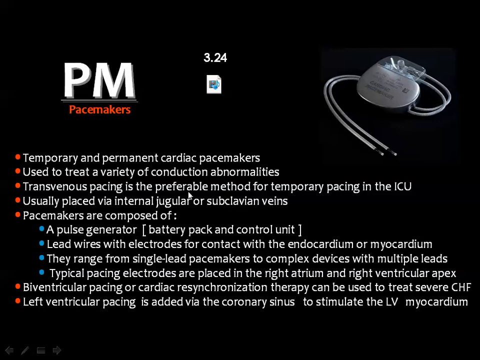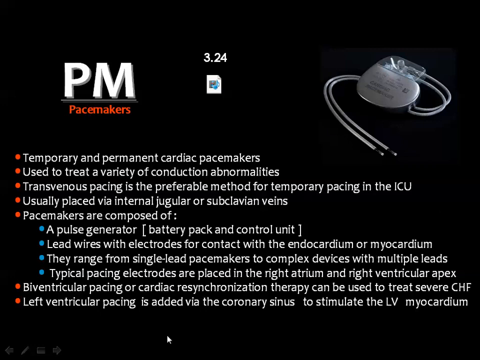Intravenous placement of the cardiac pacemaker is preferred in the ICU and is usually introduced through the internal jugular or the subclavian vein. Pacemakers are composed of a pulse generator and also the lead wires with electrodes for getting in contact with the endocardium or the myocardium.